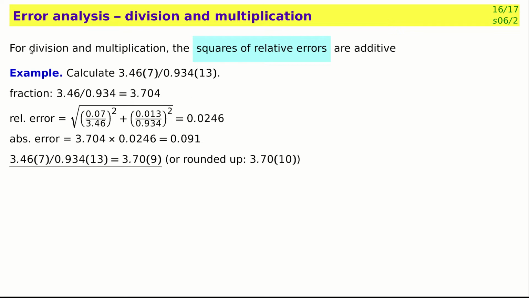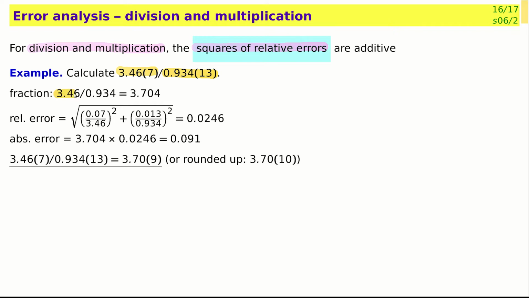If we have divisions and multiplications, the squares of relative errors are additive. And again, an example is better. So let's calculate this fraction, where these are the standard deviation in the units of the least significant digits.